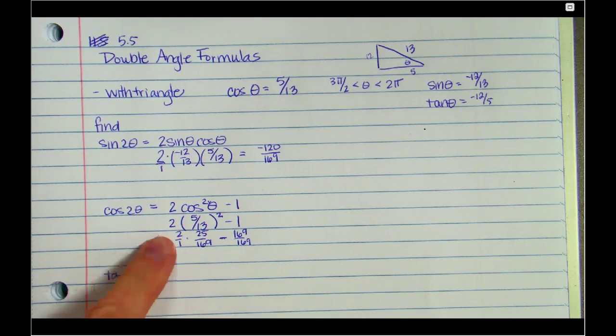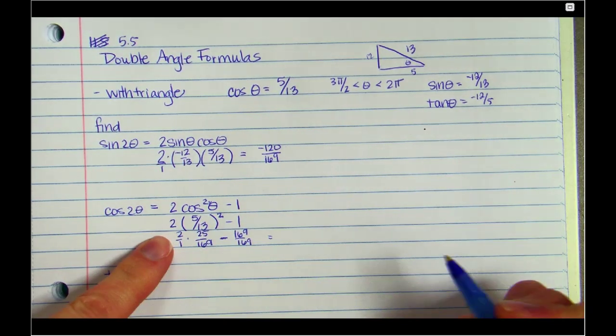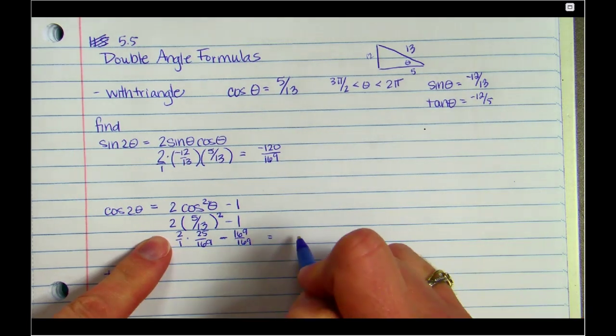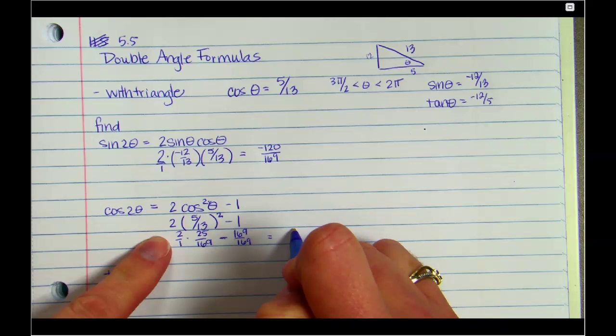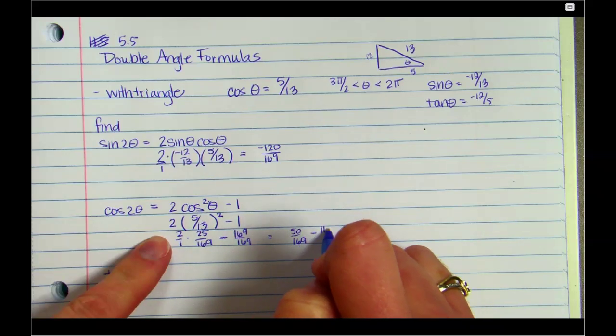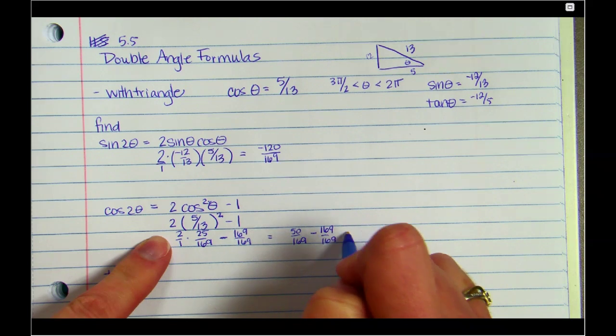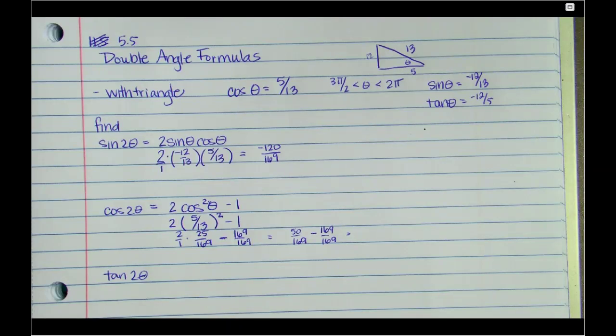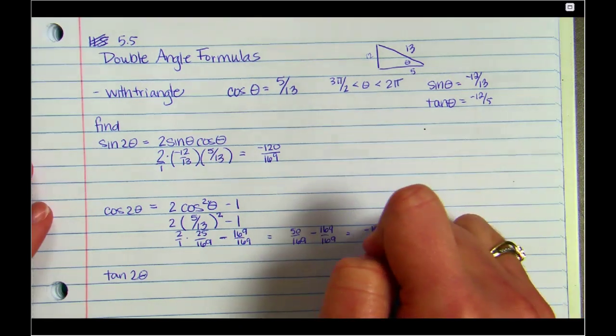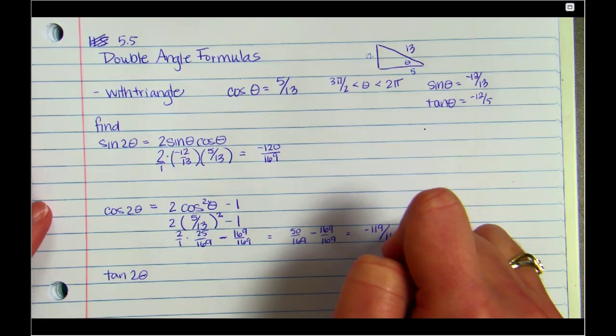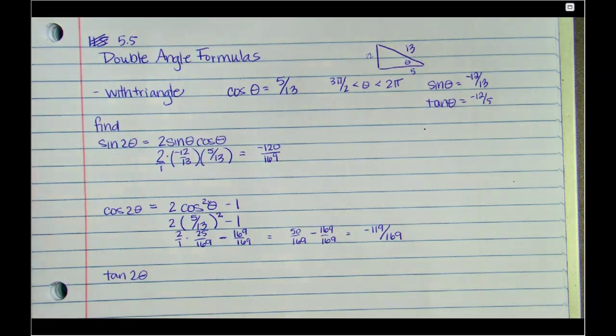This first fraction is 50 over 169 minus 169 over 169, which is negative 119 over 169. You good? Okay.